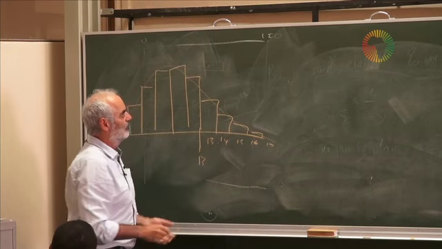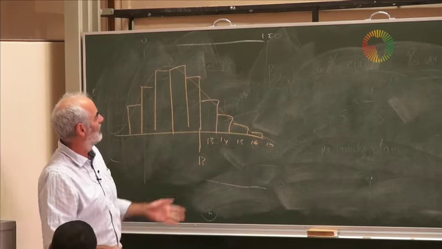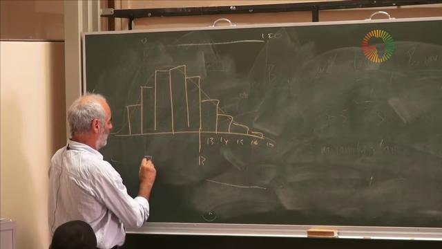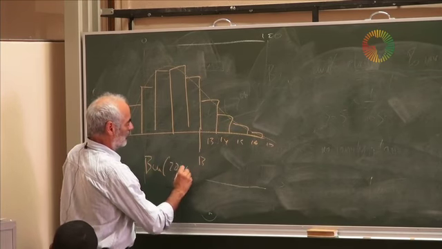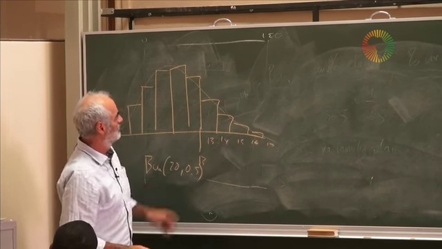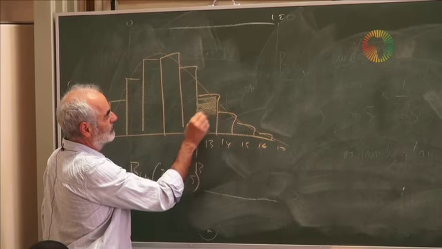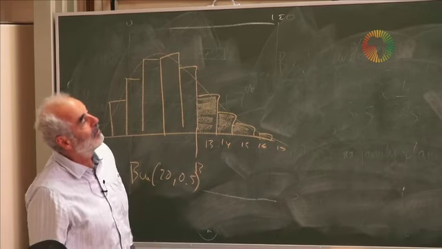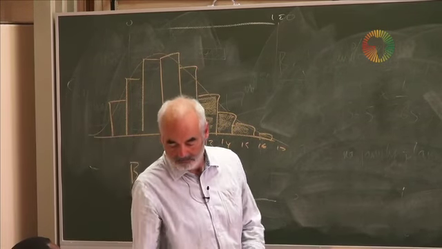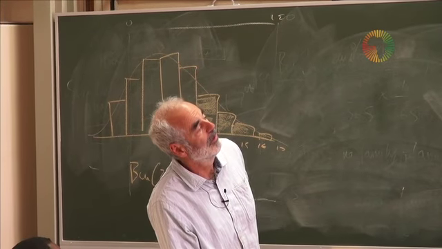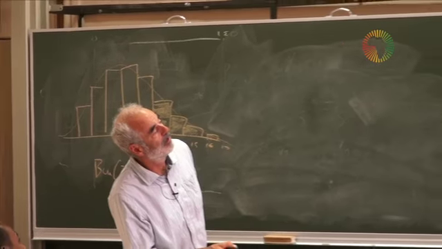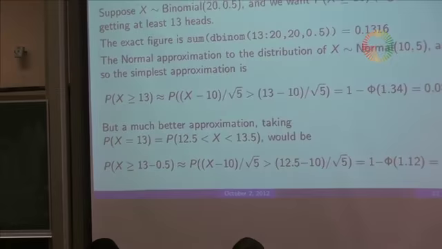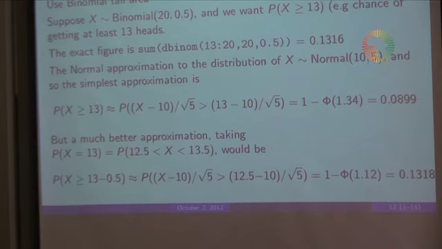If you flip a coin 20 times, what's the chance of getting 13 or more heads? So this is a binomial 20, 0.5. Now we want this area, which turns out to be, when we add them up, 0.13. We use this sum of dbinom with 20, 0.5, between 13 and 20, giving 0.13. So that area is 0.13.